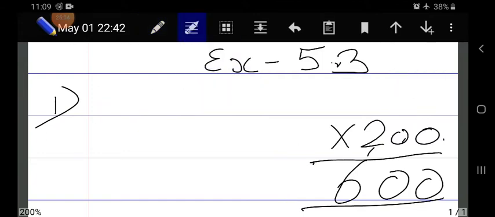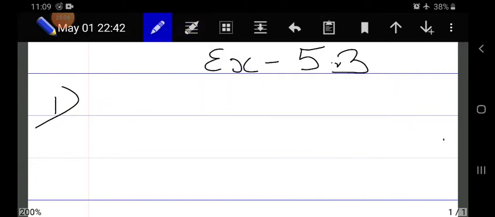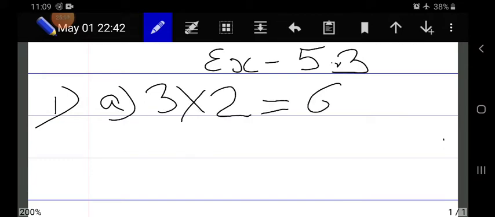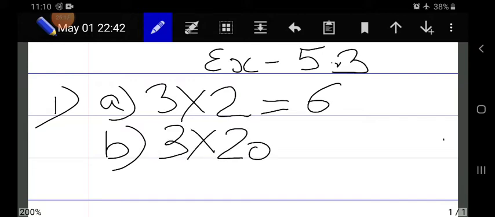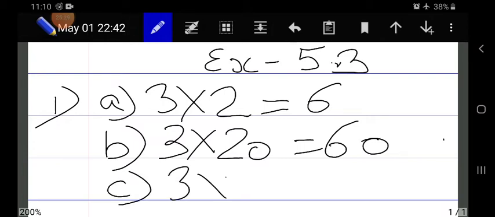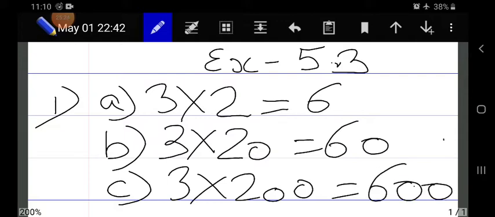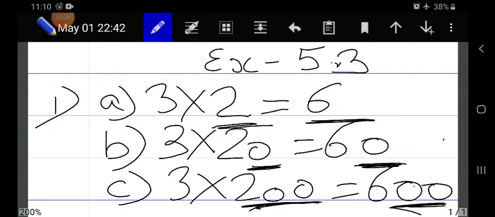Okay, as you have observed, 3 multiplied by 2, the answer was 6. B, 3 multiplied by 20 is equal to 60, and 3 multiplied by 200 is 600. So as you have observed, there is no 0 here. Here we are having only 1 0, so we have increased 1 more 0. Here we are having 2 zeros and we have increased 2 more zeros here.